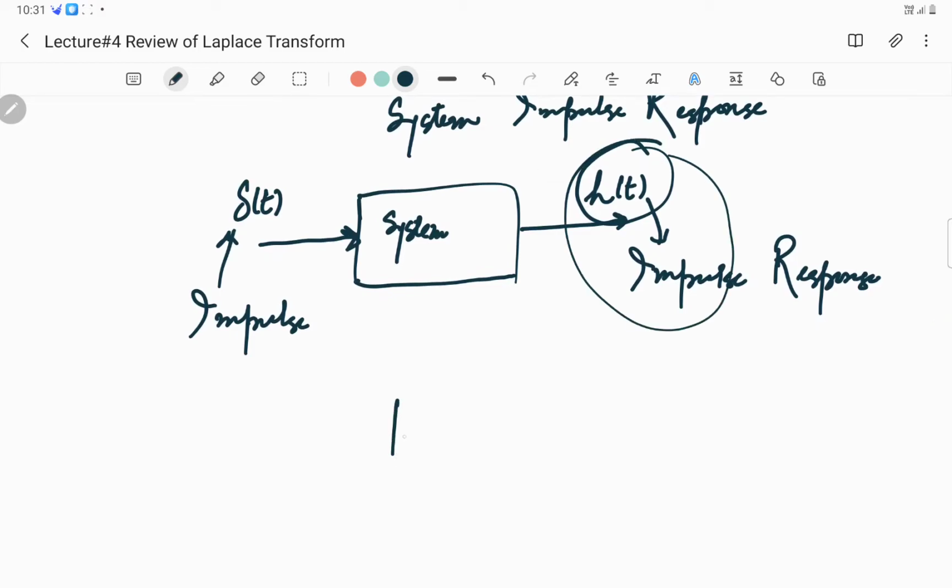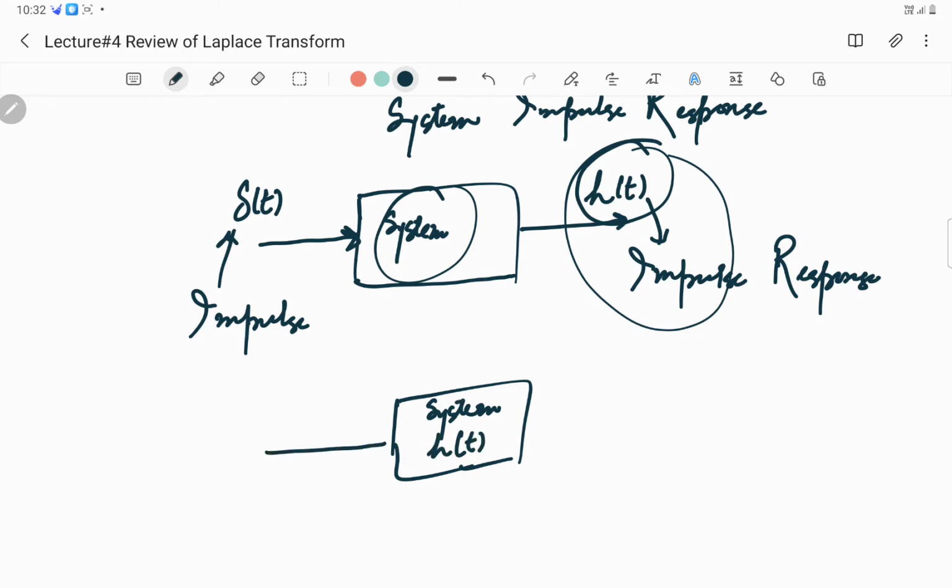Now, say for example, I have this system whose impulse response is h of t. And to this system, I apply an input x of t. What is the output? As I said, the system can be completely characterized if we know the system impulse response. So the impulse response here is h of t. So what is the output y(t)?